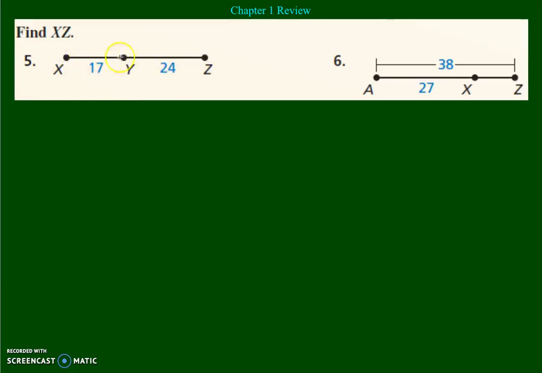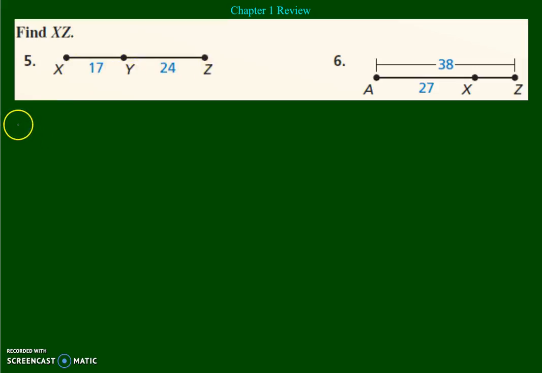This is using one of the first postulates we talked about in the chapter, the segment addition postulate, which basically says that this larger segment equals this segment plus this segment. So XZ equals XY plus YZ. The postulate also talks about betweenness, the reason that Y is between X and Z, but that's not really pertinent to this problem.